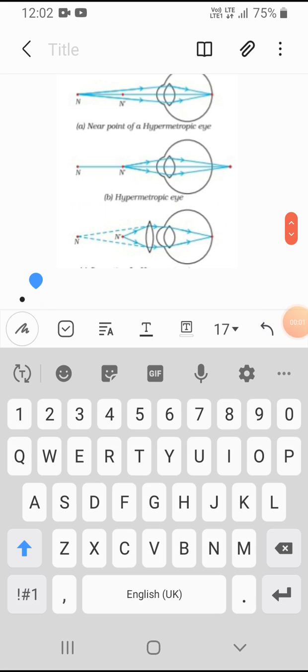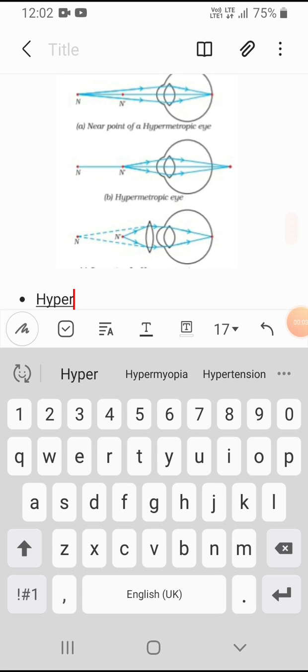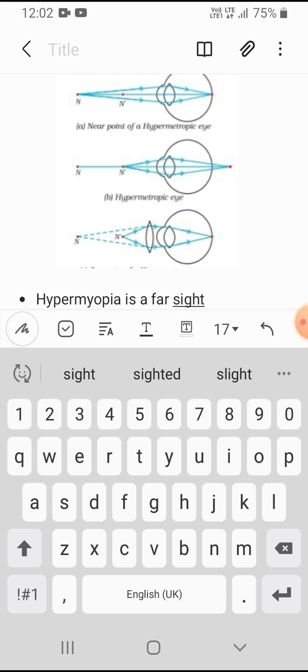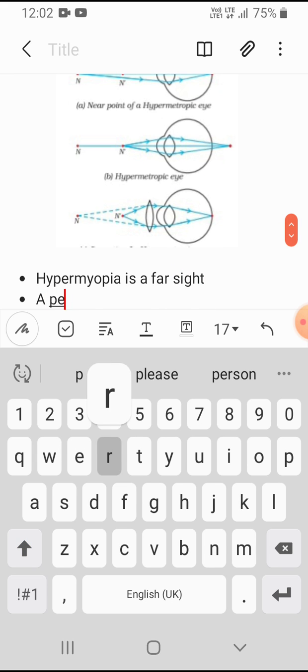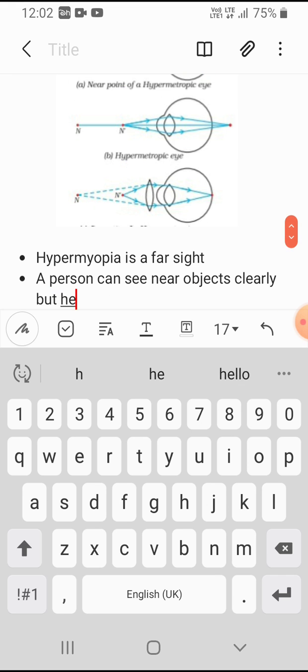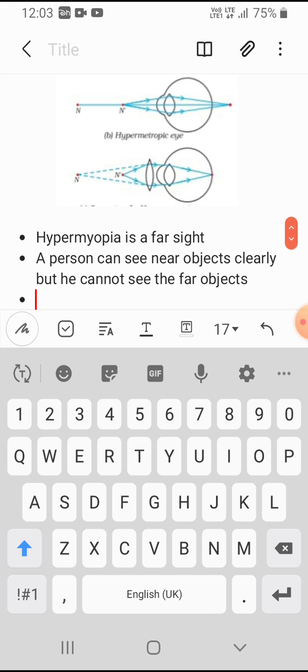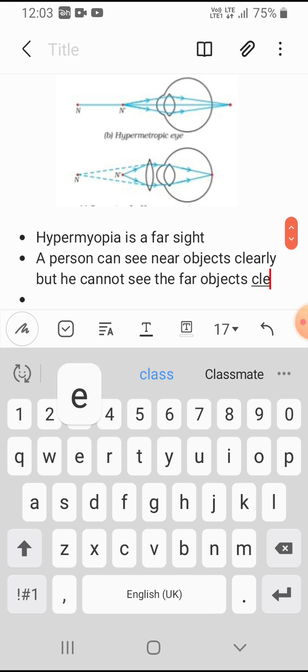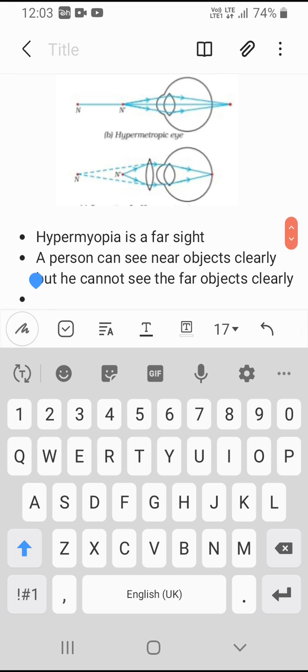So hypermyopia is far sight. A person can see the nearer object clearly, but he cannot see the far objects clearly. That is called hypermyopia.